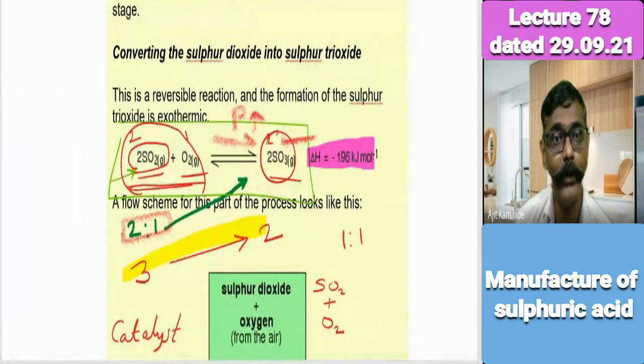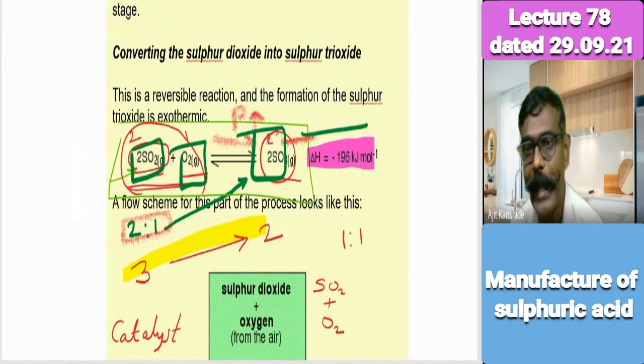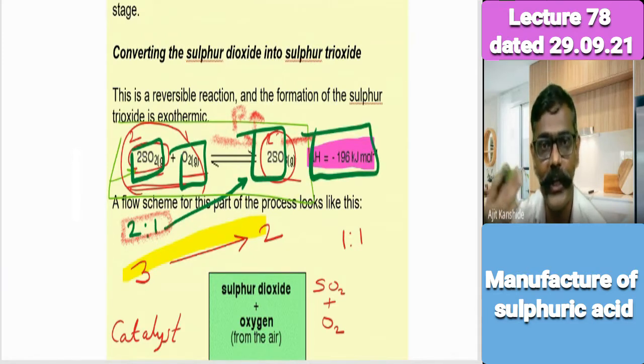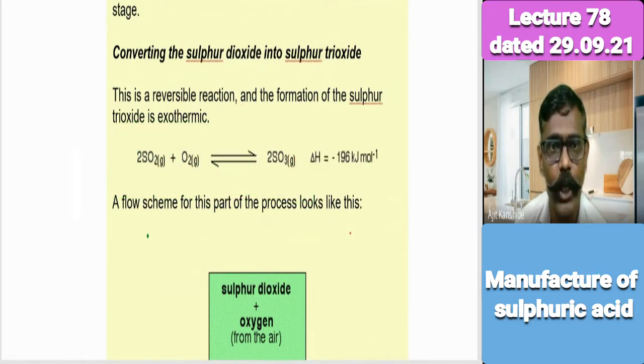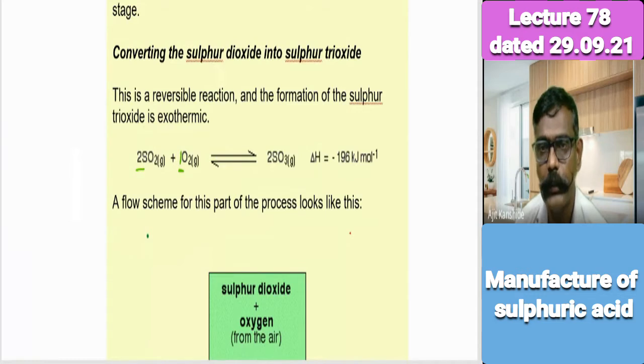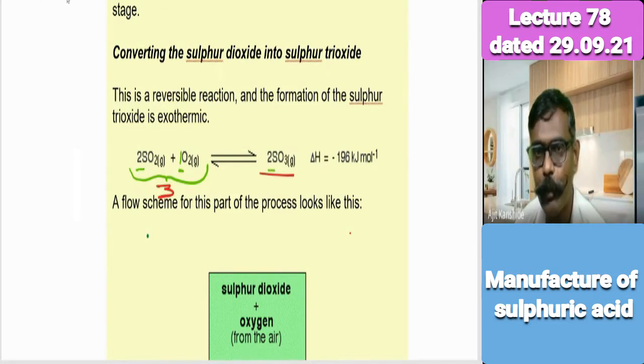Now this sulfur dioxide, we want to convert to sulfur trioxide. How? By combination with oxygen. It is an exothermic reaction. So read this reaction again. What is going to happen in this reaction? Two molecules of sulfur dioxide and one molecule of oxygen are forming two molecules of sulfur trioxide. On the reactant side, how many molecules are there?